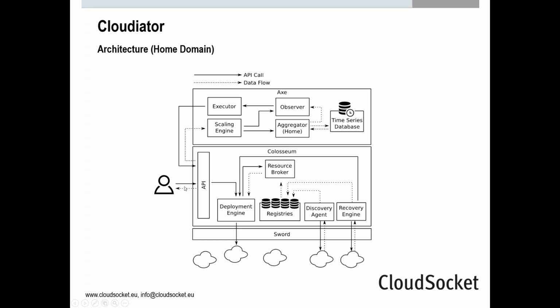Then there's a deployment engine, some registries to store the cloud provider offerings, and the discovery agent storing the data there. Then there's a recovery engine to overcome failures during the deployment, the sword abstraction layer, a time series database to store the monitoring data, and a scaling engine and some aggregators to evaluate the monitoring data and scale the application if there are scaling actions defined.